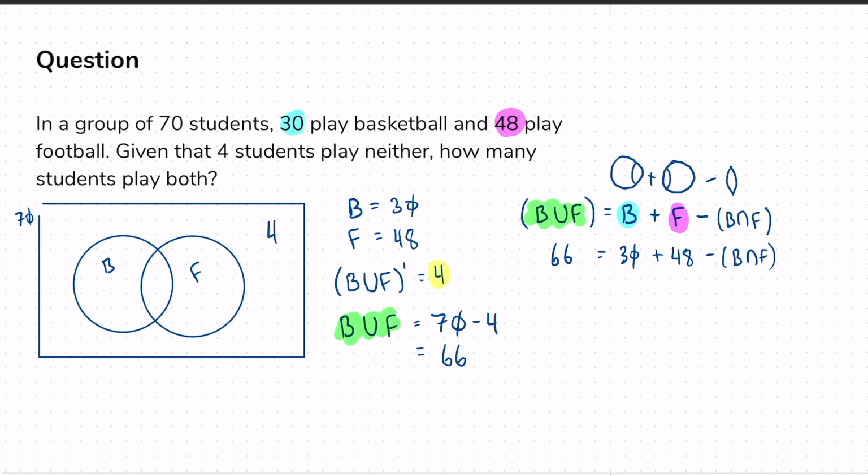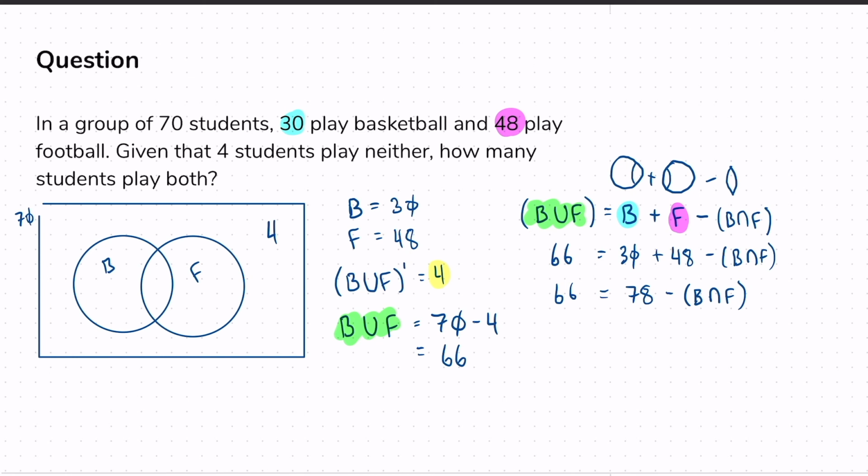So 30 plus 48 is 78. And we can already see that 78 is bigger than 66, so there must be some people who play both. We didn't actually know that to begin with.